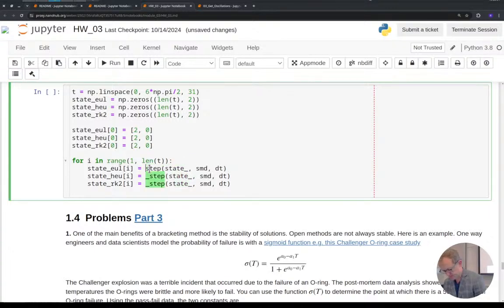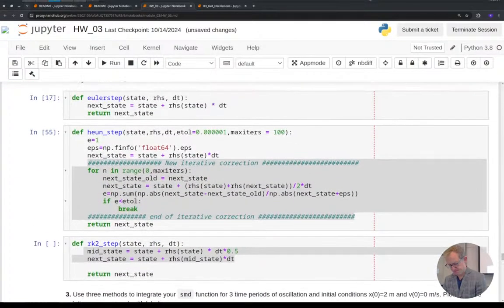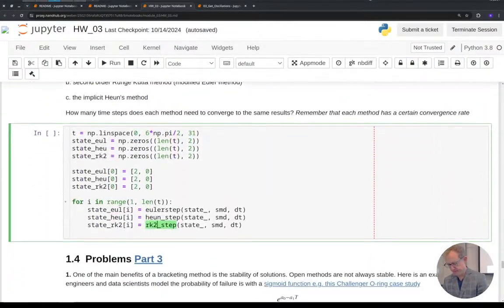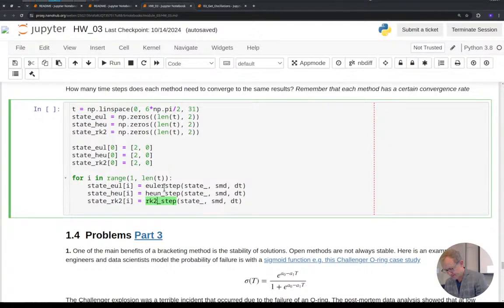And this first one I think is Euler. This one is going to be Heun, RK2. Yep. I feel like this should have that underscore to match everything else, but too late. Already too deep. Oh, and we should put a bracket.